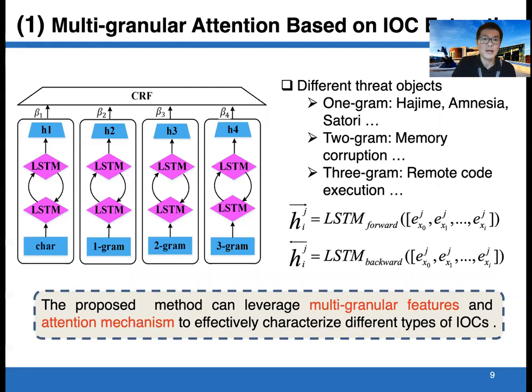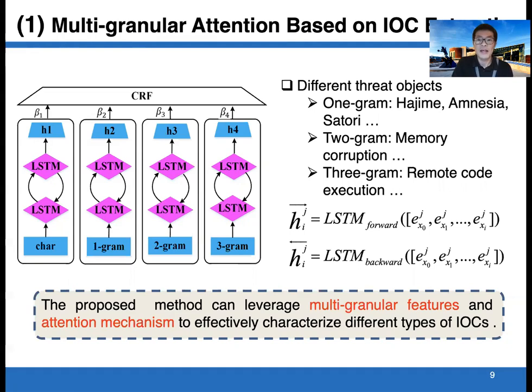For example, we have 1-gram threat actors, 2-gram threat actors, or 3-gram threat actors. As a result, we need an efficient method to learn those distinctive characteristics of IOCs with different sizes.